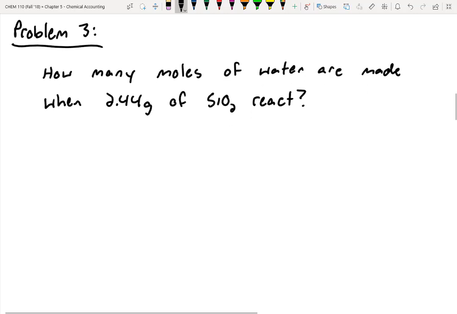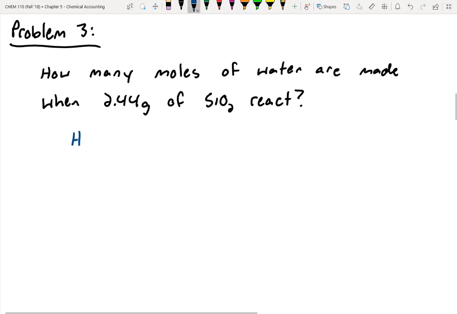And I will give you a hint on where to start, and that is to convert grams of SiO2 to moles of SiO2 first.